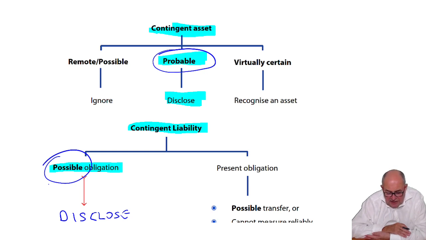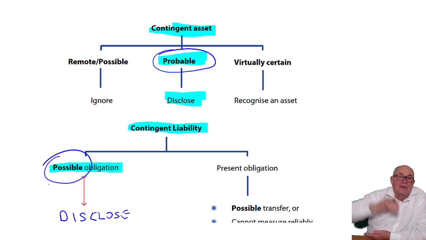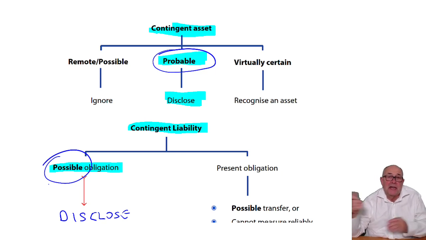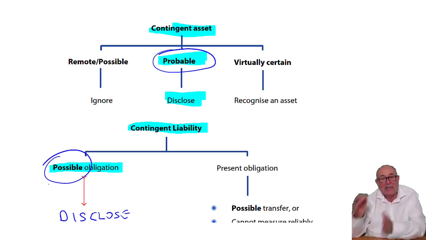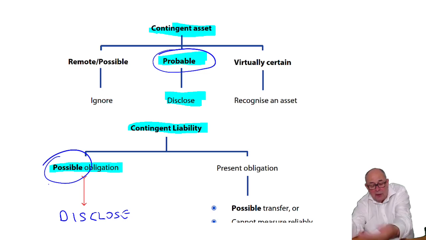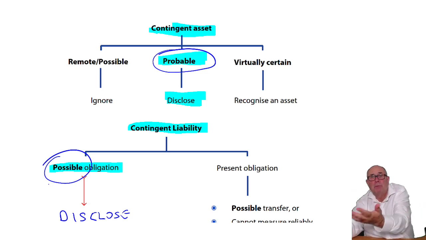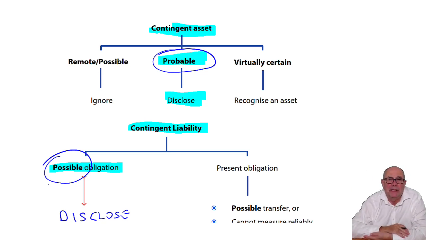Liabilities are disclosed only if they're possible. Possible is 50-50, 50% or less. Assets, though, would be disclosed if they're probable. So essentially, you're more likely to recognise a liability, aren't you, than an asset.